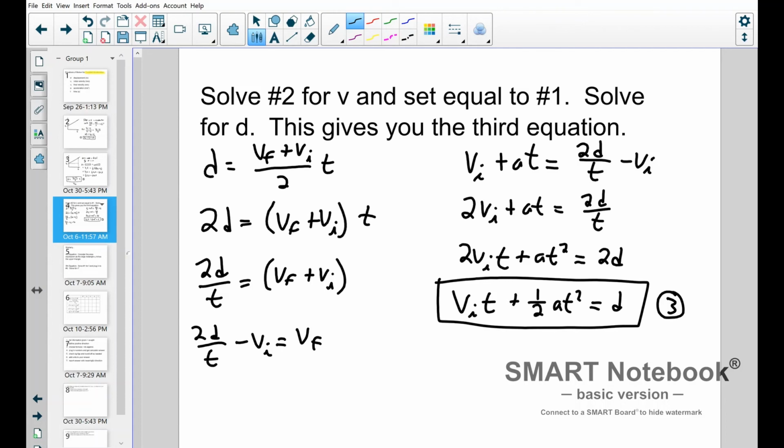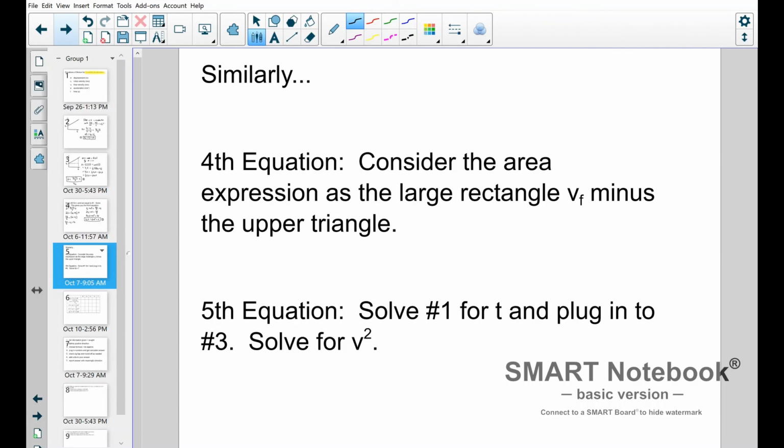I'm not going to derive the 4th and 5th ones, but if you are interested in doing that yourself, here are the instructions. For the 4th one, you consider the area under as the large rectangle VF minus the upper triangle.